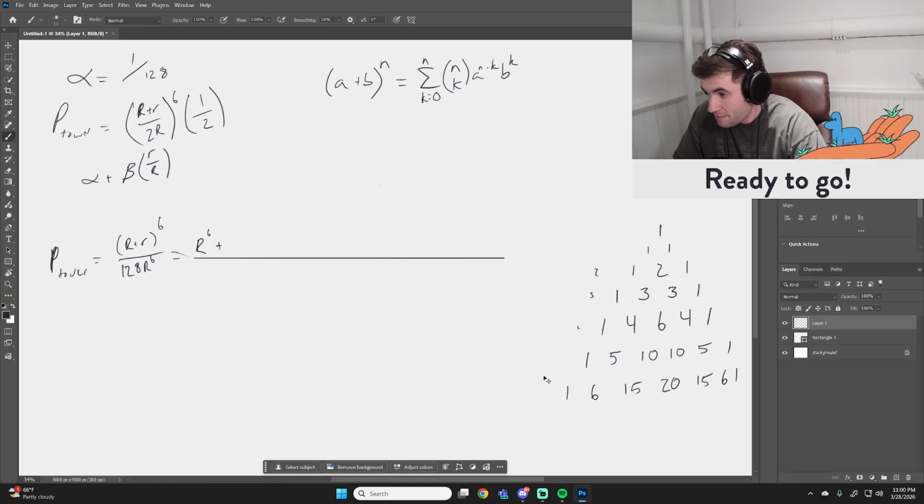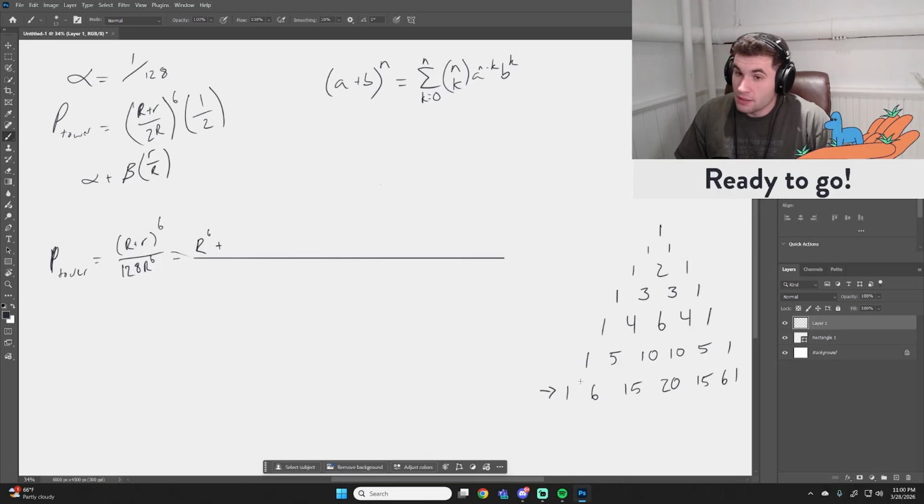We're looking at this one. So we can just copy and paste in our brains the coefficients for these terms straight from Pascal's triangle. That is something about the binomial expansion that is helpful to know. So pretty much what we're going to be doing is taking an exponent away from big R, adding one to little r, and throwing a coefficient in front. So we'll do that as quickly as possible.